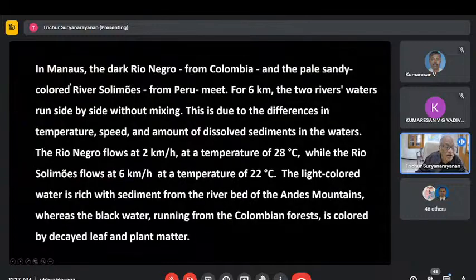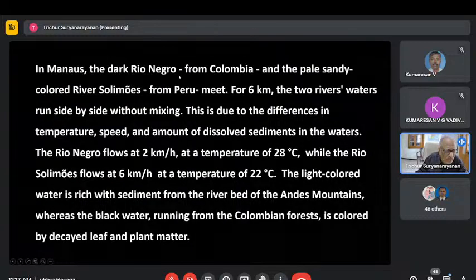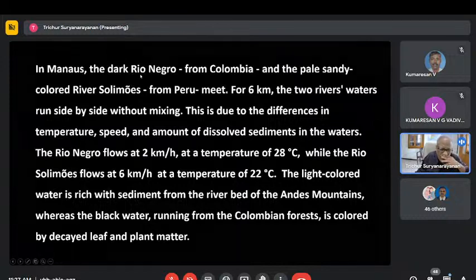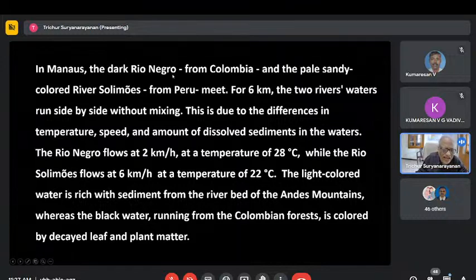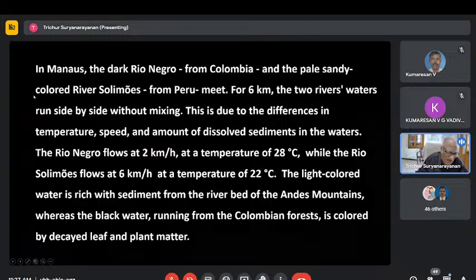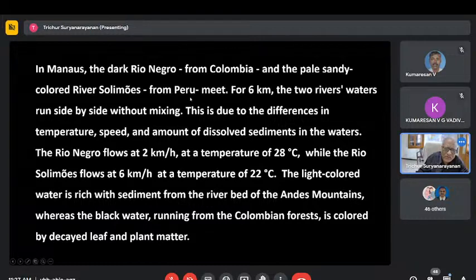So here in Manaus, the dark Rio Negro, Rio in Portuguese is river, Negro means black. So that river is coming from Colombia. It will be black in color. And then there is a pale yellow colored river which is coming from Peru, and it is called Rio Solimões. So the Black River and the White River. Black River comes from Colombia, White River comes from Peru, and they meet in Manaus.